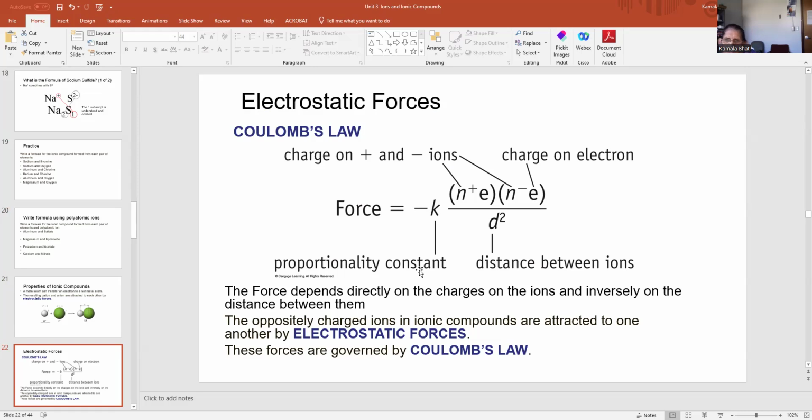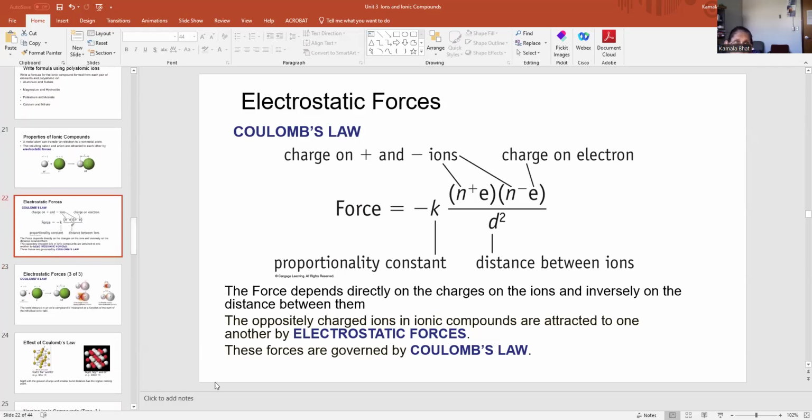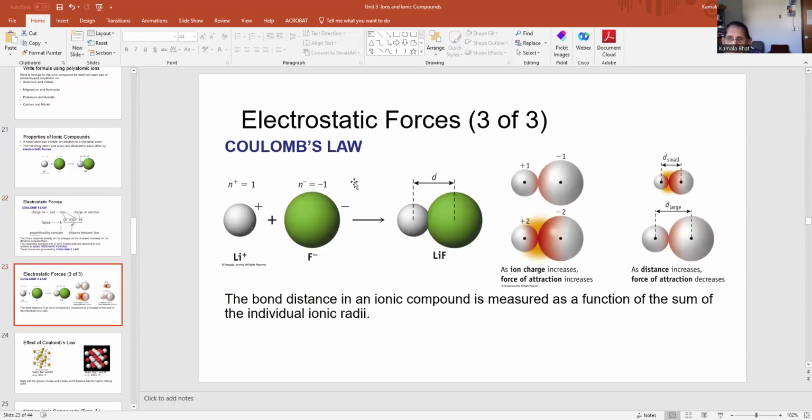The oppositely charged ions in ionic compounds are attracted to one another by electrostatic forces, and these forces are governed by Coulomb's law, which is given above. This law tells us which compound will be attracted to a greater extent as compared to the others.